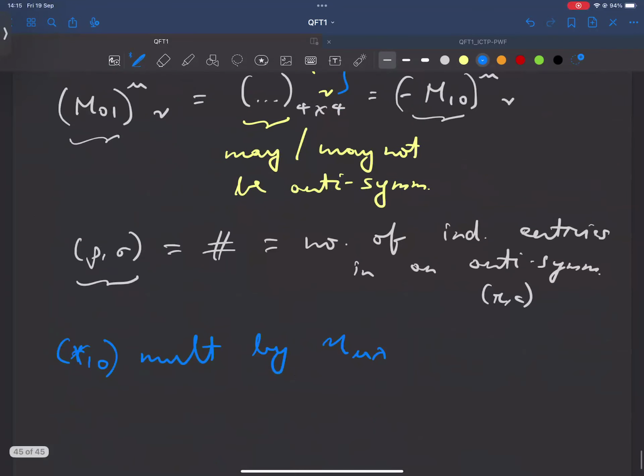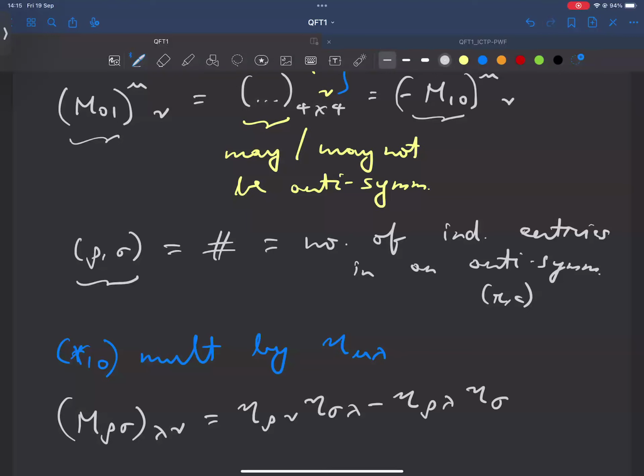And now you will have something like M rho sigma lambda nu. And this you can write as eta rho nu eta sigma lambda minus eta rho lambda eta sigma nu.